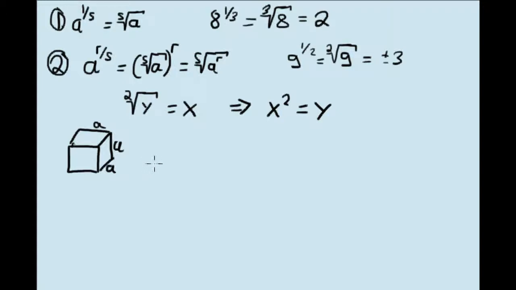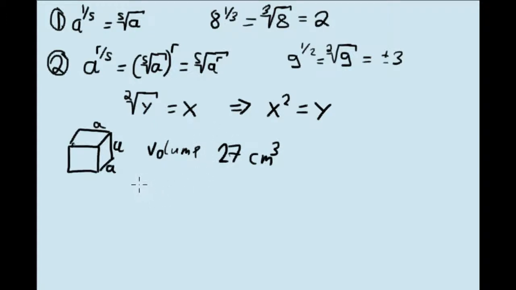And now I told you the volume of this cube would be 27 centimeter cubed. Centimeter cubed is a volume unit. We might remember from geometry, and I'm asking you to find me the edge length. So what is a, given the volume?